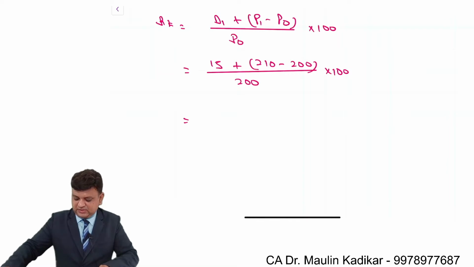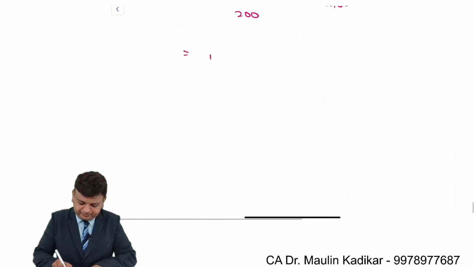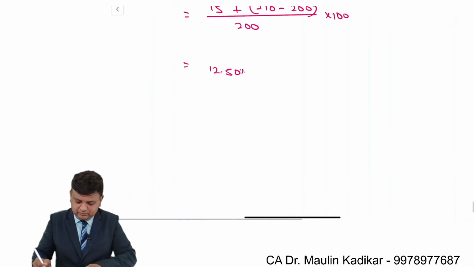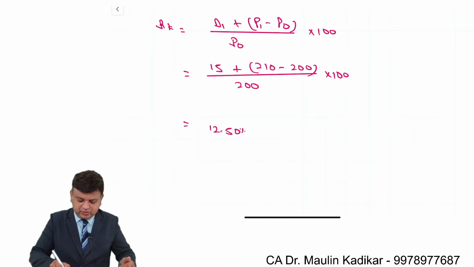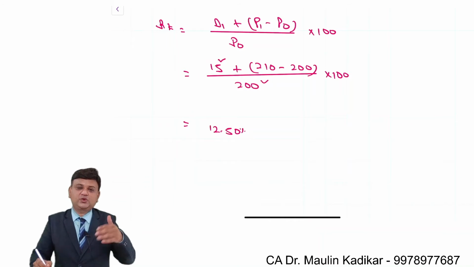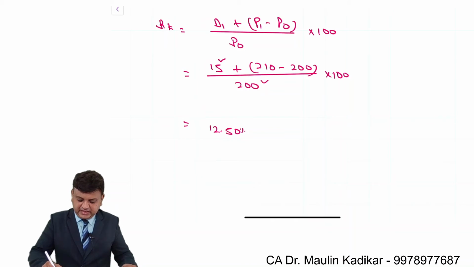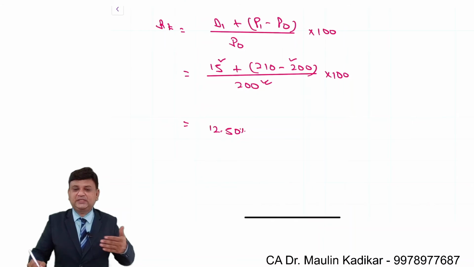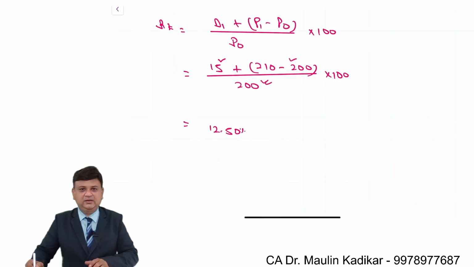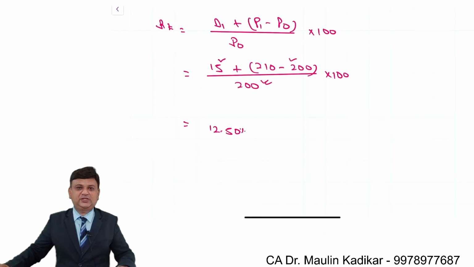So the answer is 12.5 percentage. Technically, friends, 15 upon 200, 7.5%, is called dividend yield, and 10 divided by 200, 5%, is considered to be the capital gain yield. That is the way we can have the bifurcation for this.